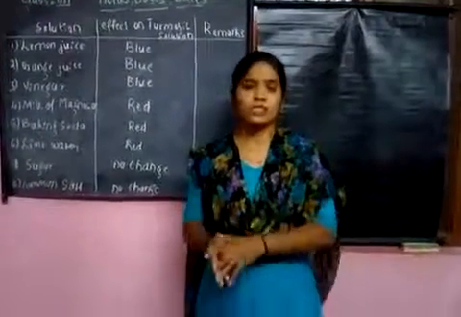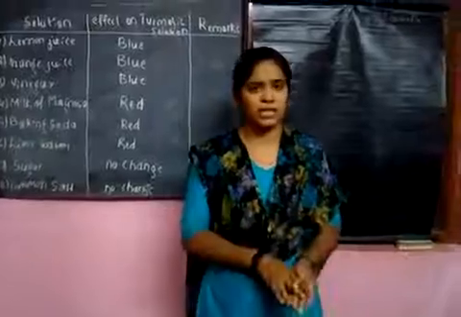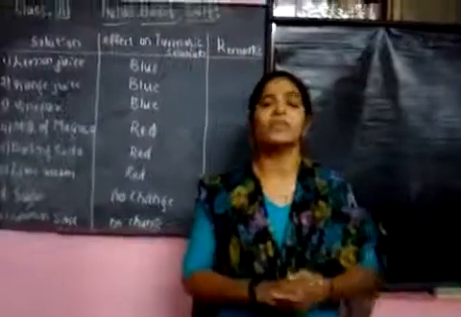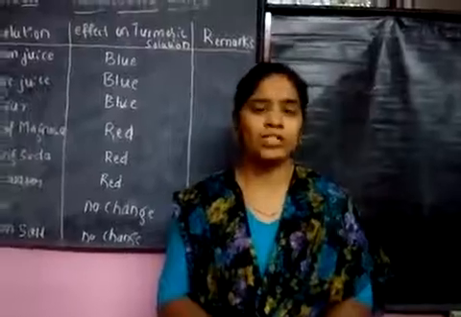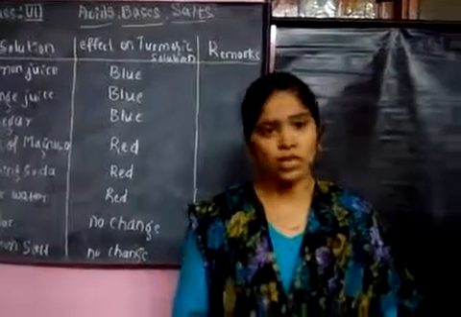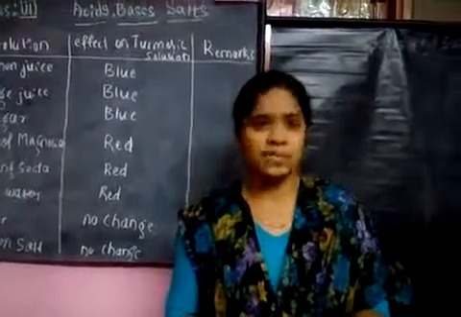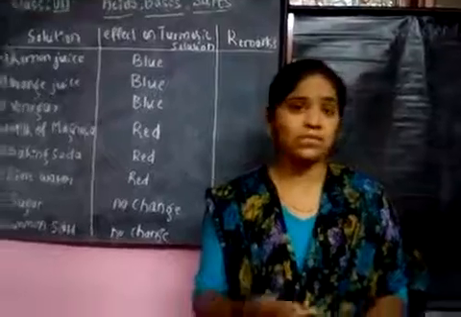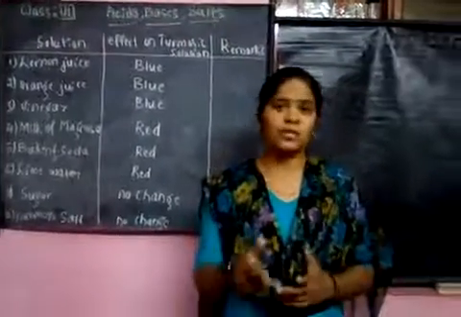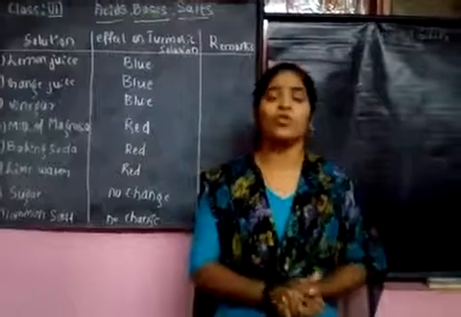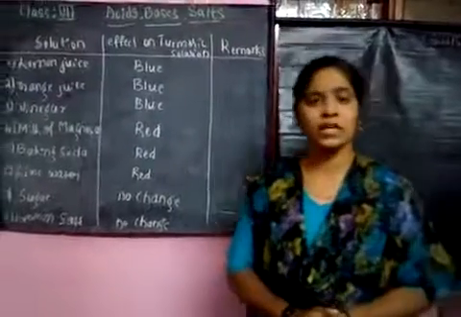So these lichens are used as indicators, and one more naturally occurring indicator is China rose, which we generally call China hibiscus. The hibiscus plant or the hibiscus flower, I hope you all have seen that one, which is used as an indicator.